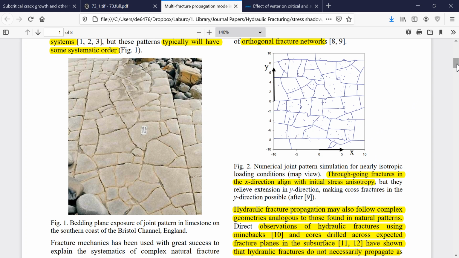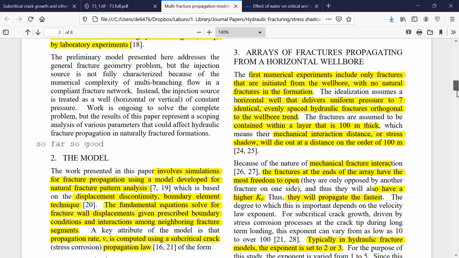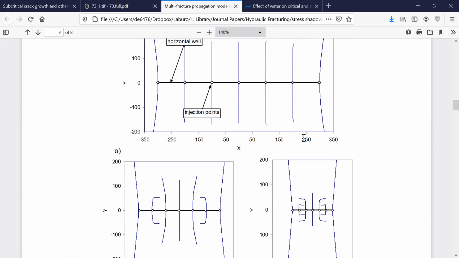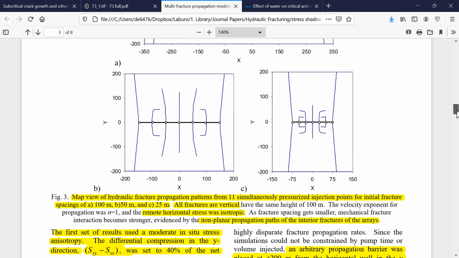So let me go ahead directly to the hydraulic fracturing case. Without flaws, we see a similar response to what we have seen before, that the closer the spacing between the clusters, the more interaction is going to be between the fractures.